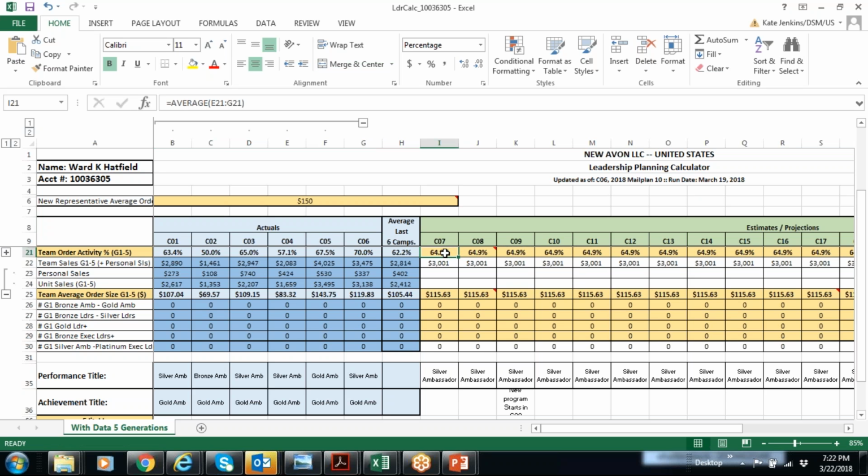But if you want to play with that, let's say in C7, you're at 70% again. So that's your team sales would be 3,238, and then your average team order would be 115.